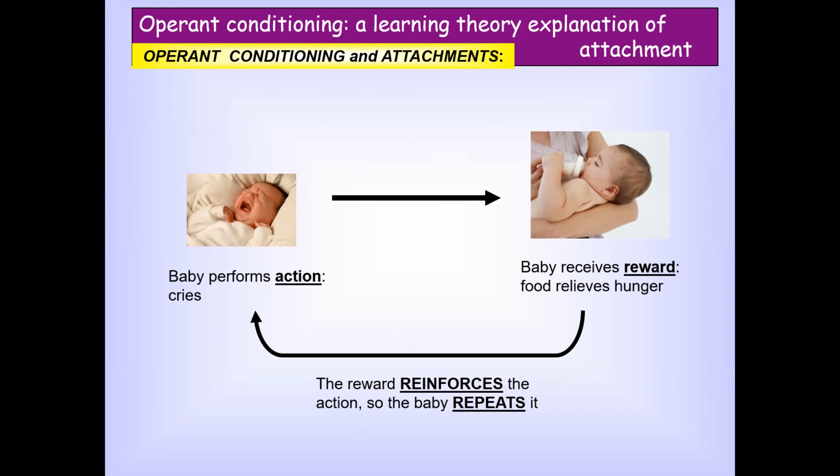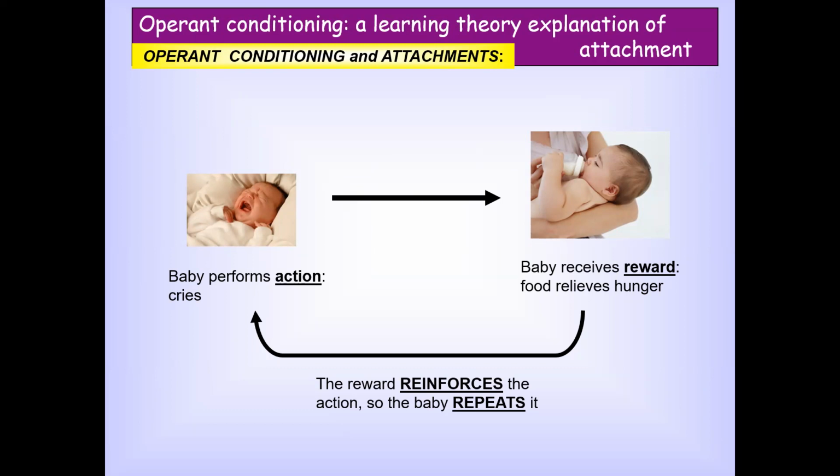That reward reinforces the action, so the baby will repeat it. When it gets that discomfort, it cries, and it learns that that cry will bring food, which will alleviate the hunger. Oh, it feels so much better and happy. So it's about the reward, but it's not just that straightforward.